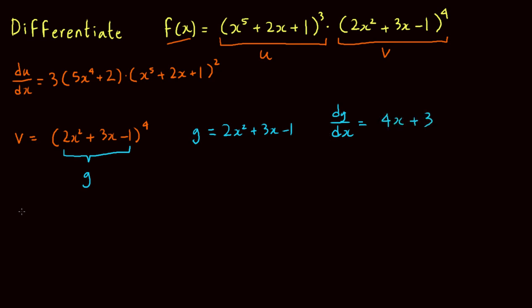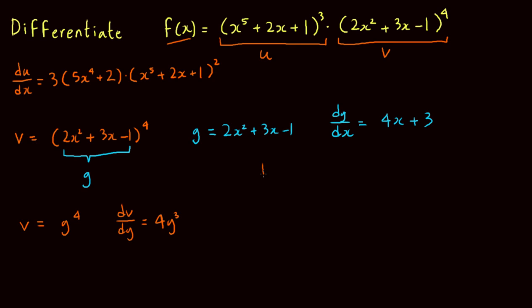And of course we'll have v equal to g to the power of 4, then dv/dg is 4g^3.